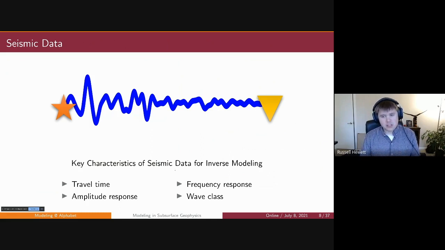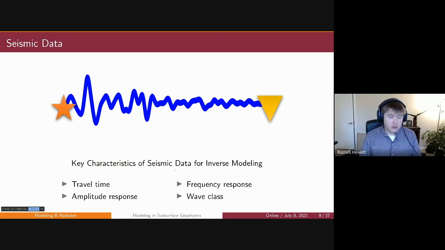And when we look at these, basically a source induces a signal that is going to be recorded by this receiver. And the recording from this receiver is going to be a time series or a number of time series that are oscillatory waves. And there are some things in particular that we can make use of from these waves to perform inverse modeling, mapping data back to a model of the subsurface.